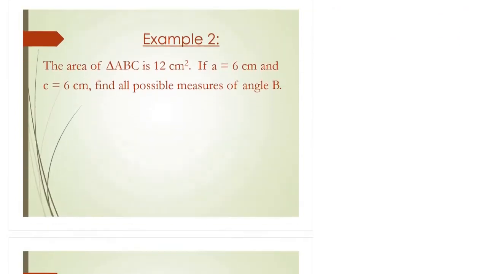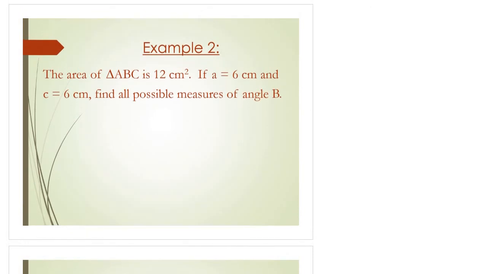Then we have the next type of problem where it gets a little more complicated, but not too bad. We have an area, we're given two sides, and we want to find all possible measures, which should trigger in your mind that there's probably more than one. So let's draw the picture first.